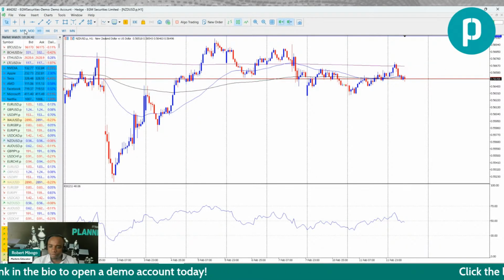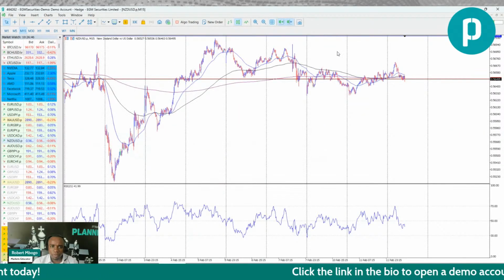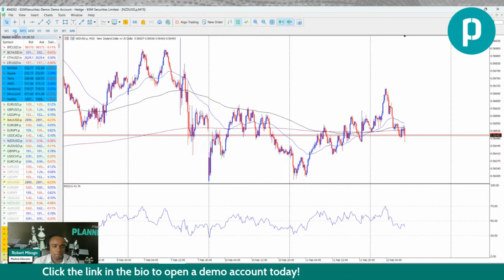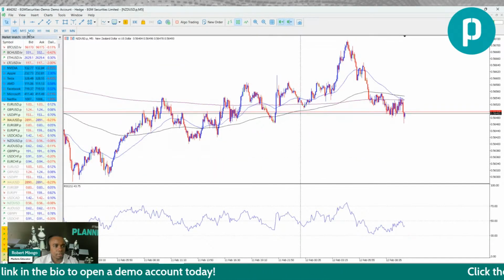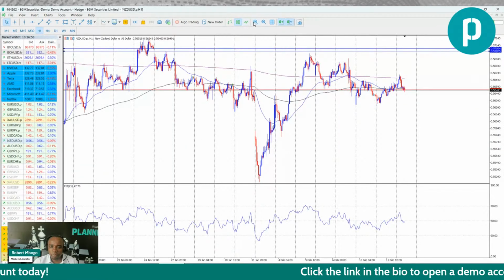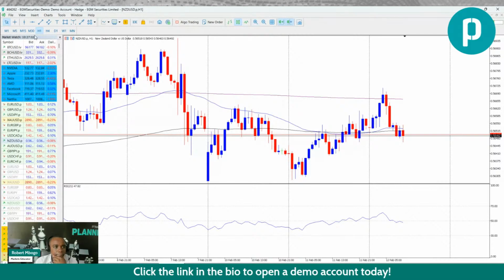So I'm still looking for that bullish move, and this downward move is an opportunity to buy NZD USD at a cheaper price. Buy low, sell high.